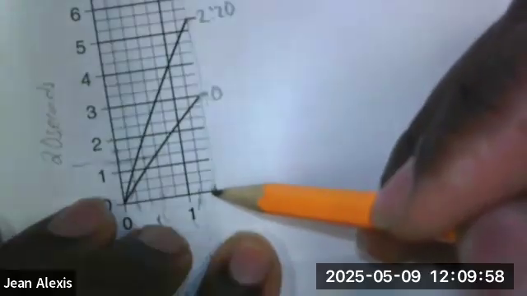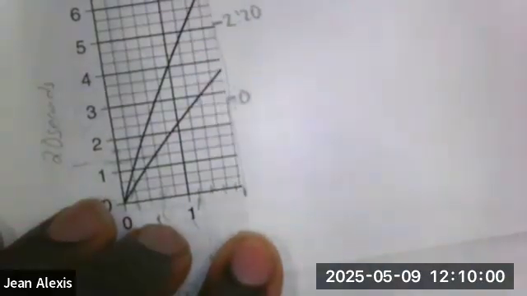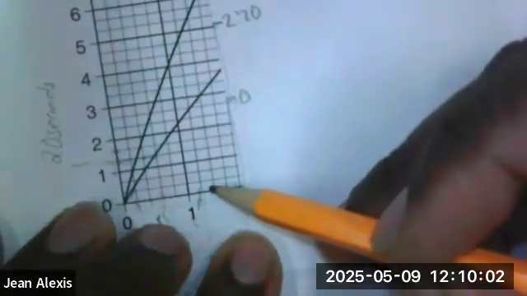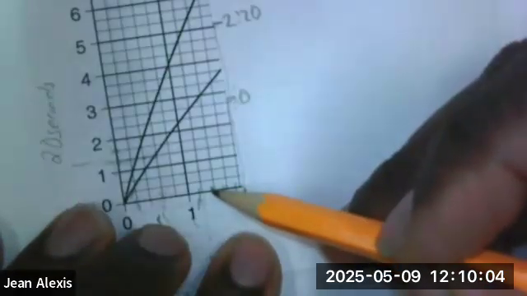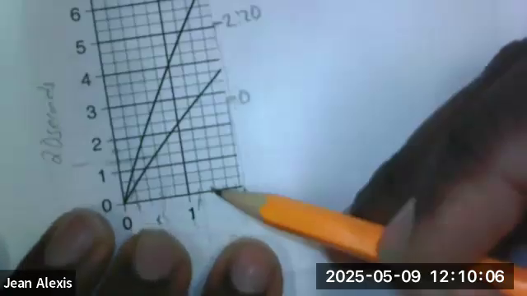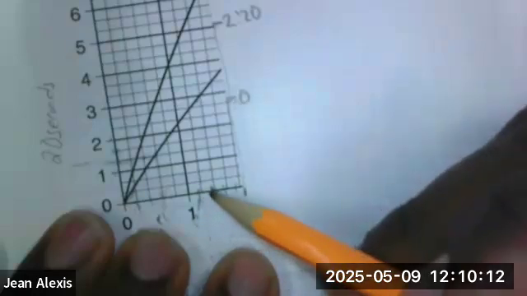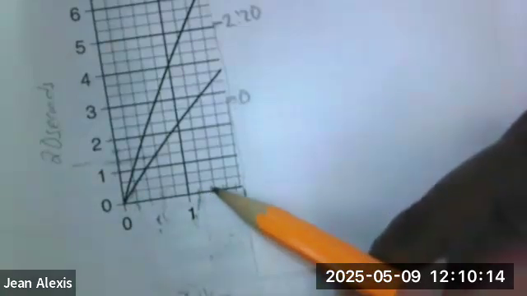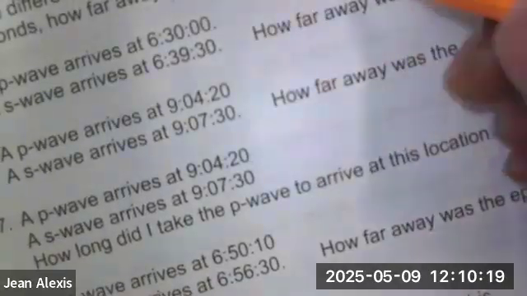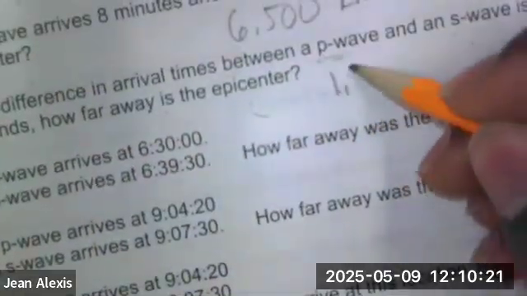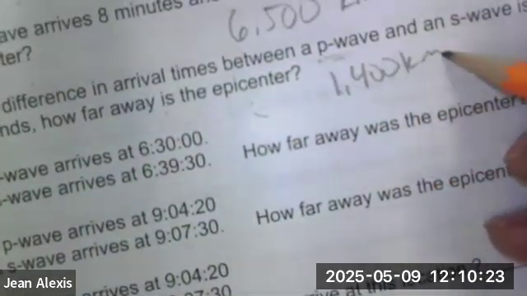Right here. And when I do that, it looks to be right at the second line past 1. So if each line is going up by 200, this is 1,000, 1,200, 1,400. So my answer is going to be 1,400 kilometers.